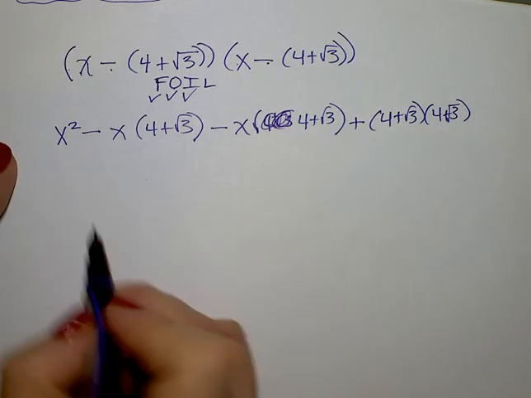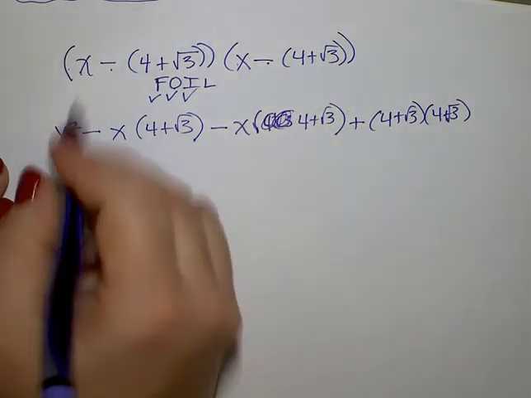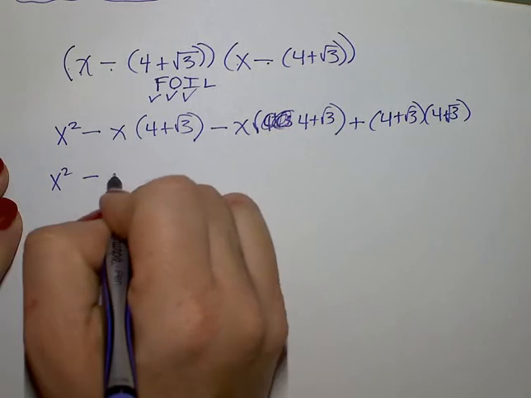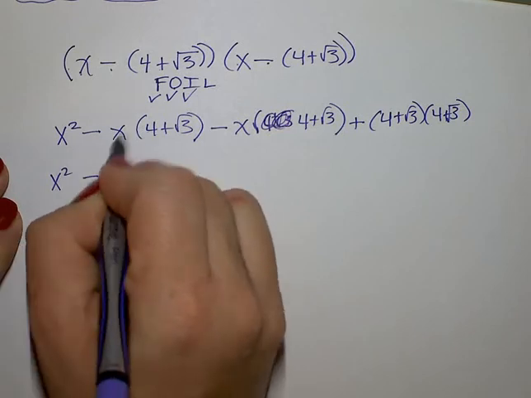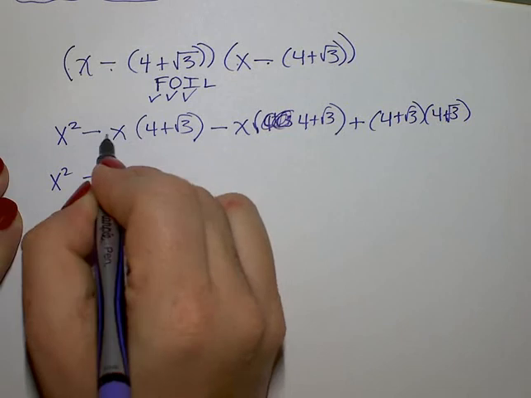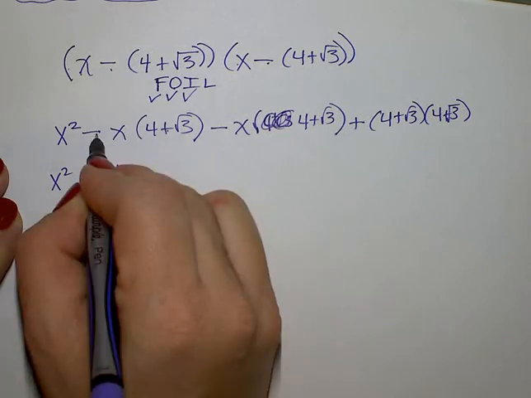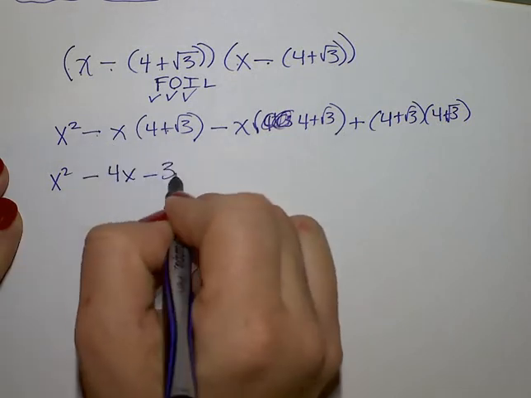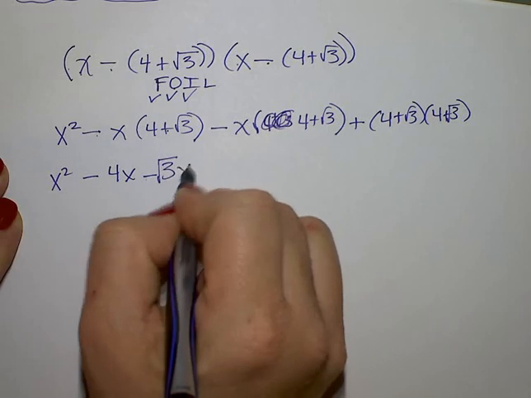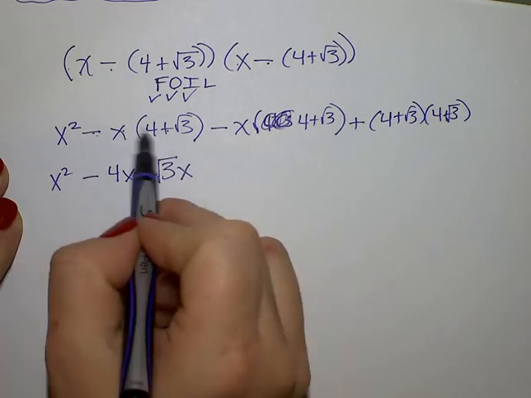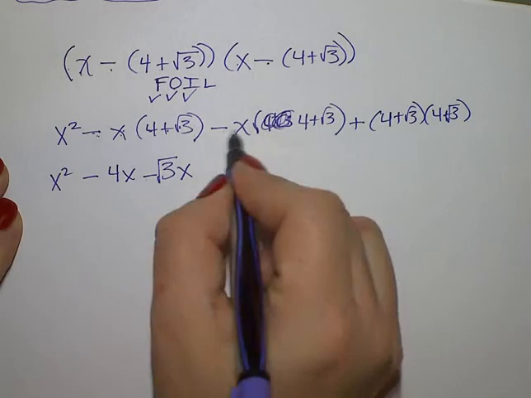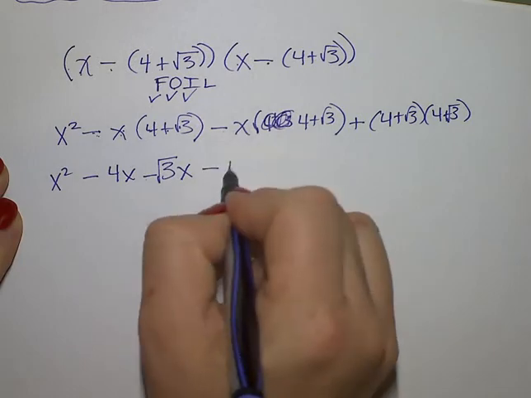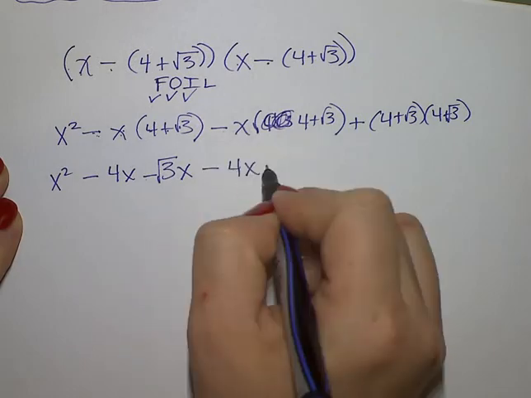Okay, so let's distribute. Negative 4x, negative 3 square root of 3x. I just multiply the negative x times both terms inside. Same thing here, negative 4x and negative radical 3x.